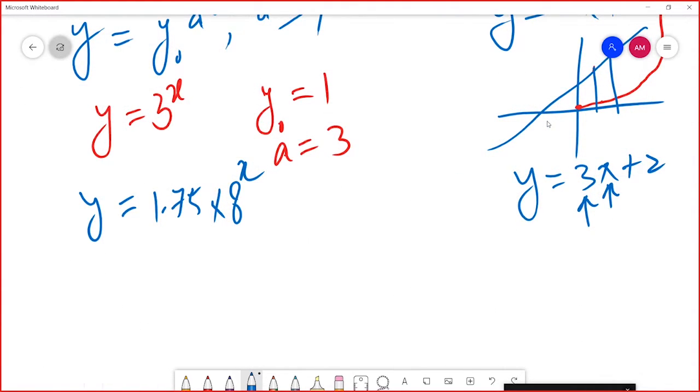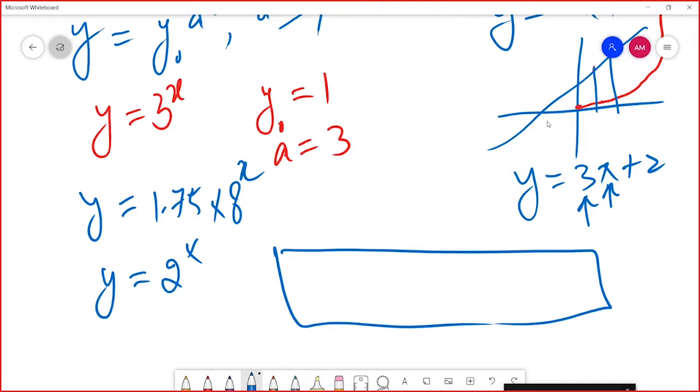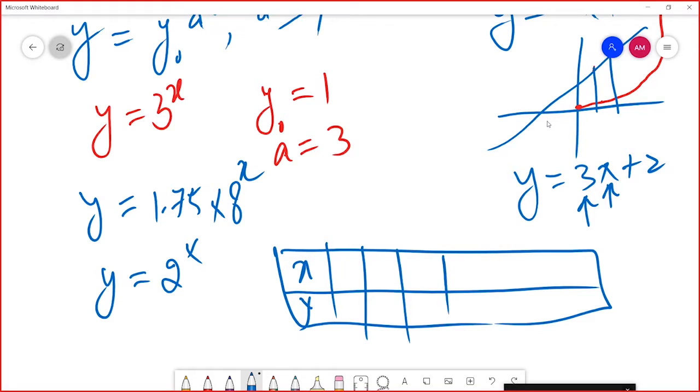So I just made a very simple exponential equation: y is equal to 2 raised to the power x. As you have done earlier, perhaps in linear equations, we put different values and see the results.